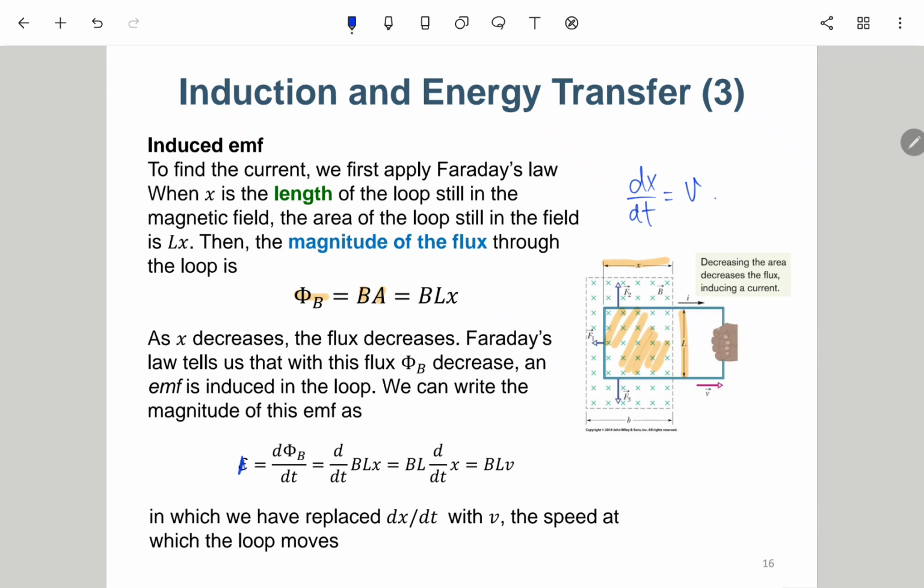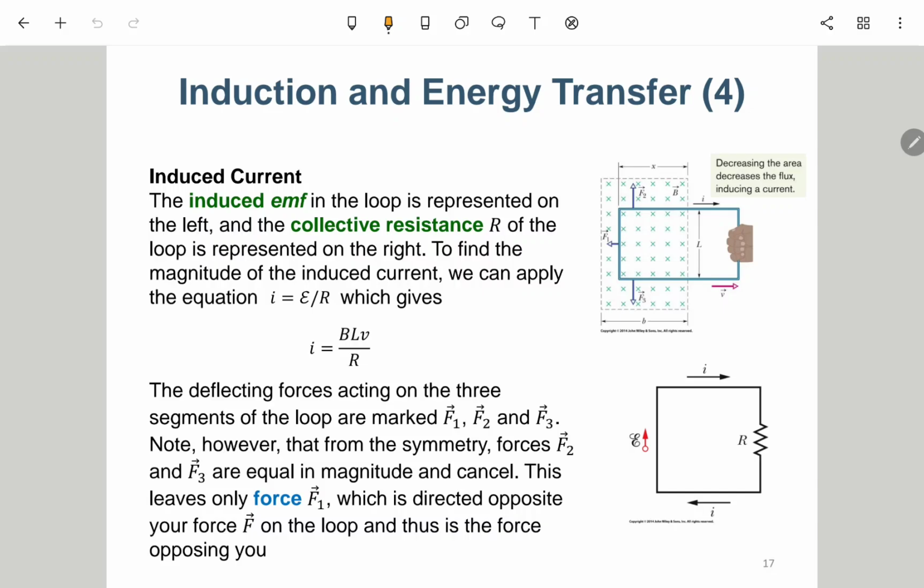So the EMF due to this action will be B times L times V. Here we also assume that the overall resistance for the loop is R, so I, the induced current, will be the EMF divided by the resistance, so BLV over R, nothing special.